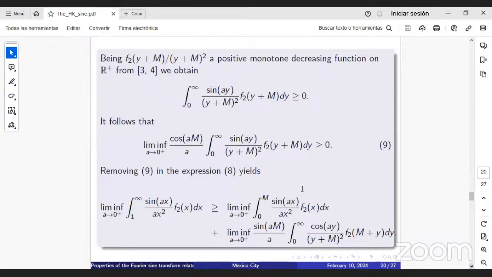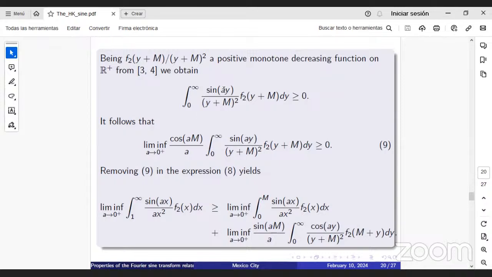The function is a positive monotonic decreasing function on the reals; from the reference we have the next result.